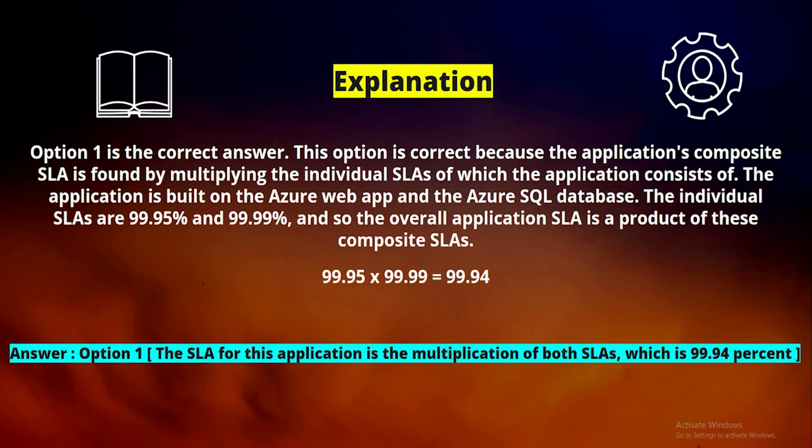The application is built on Azure web app and the Azure SQL database. The individual SLAs are 99.95% and 99.99%. And so the overall application SLA is a product of these composite SLAs, 99.95 into 99.99, which equals 99.94.